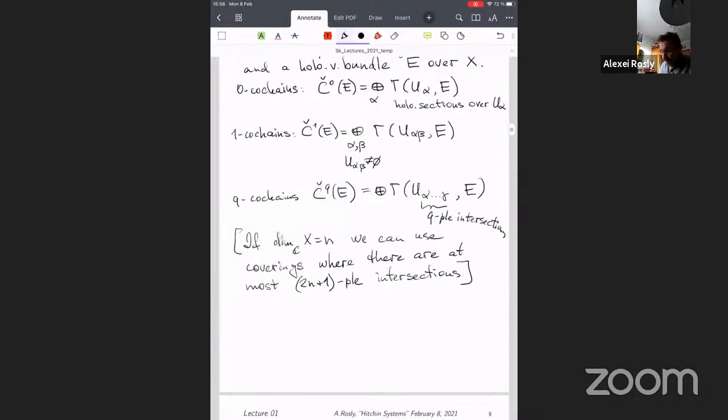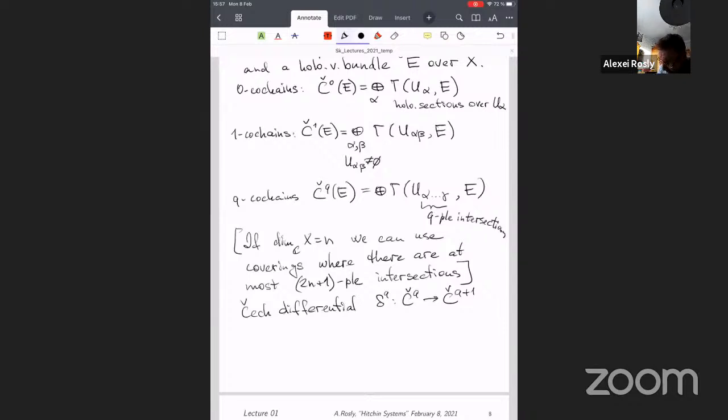Okay, now we want to define the differential in this to make it a complex. So the Čech differential. Let us denote it by, say, delta. Again, I first denoted it component-wise, but then I forgot this index. It maps q-chains to q plus 1 chains.